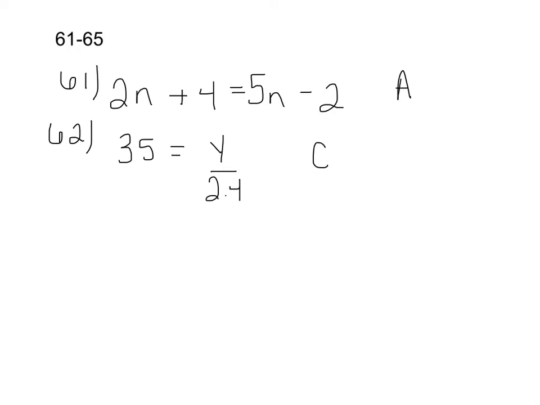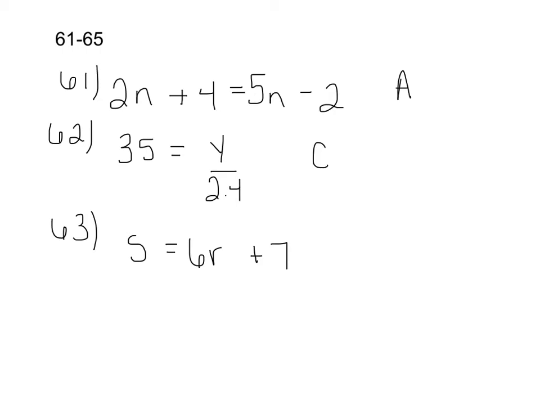63. It says Sally's salary S, so it tells you the variable to use, is 7 more than 6 times Rashawn's salary, R. So again, Sally's salary is, so that means equal, 7 more than, again 7 comes at the end, 6 times R, or Rashawn's.